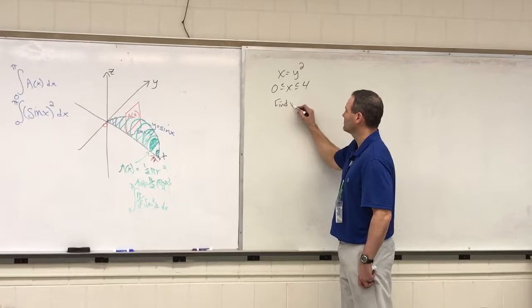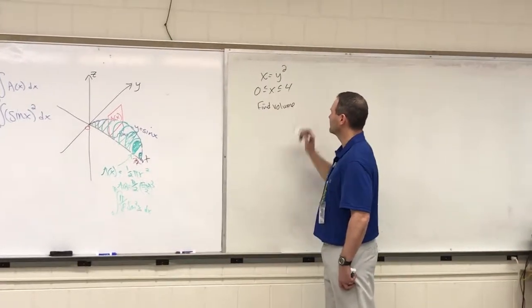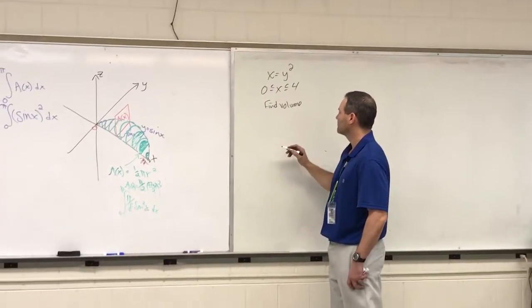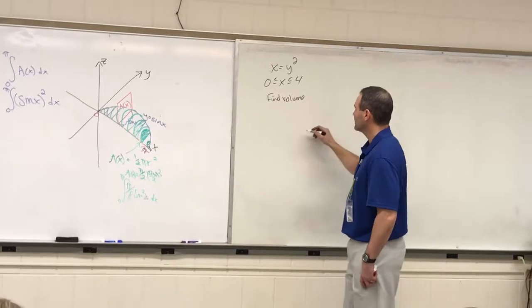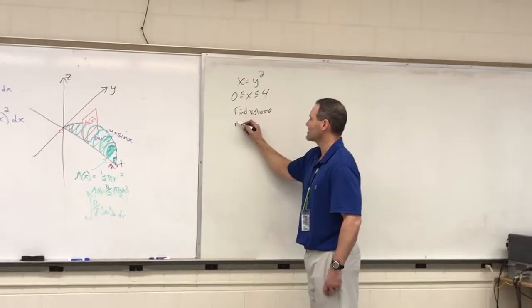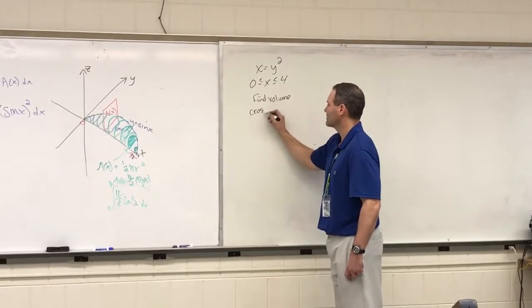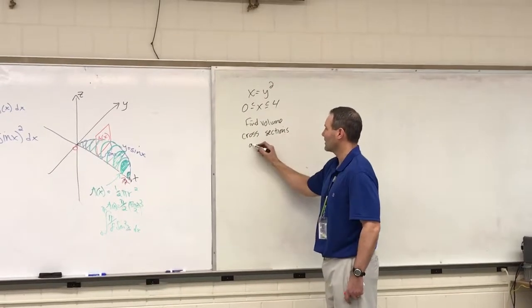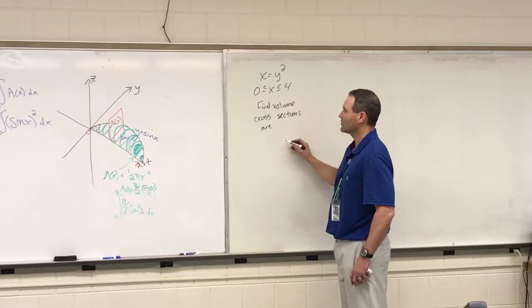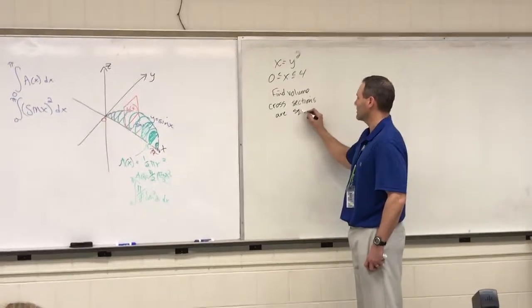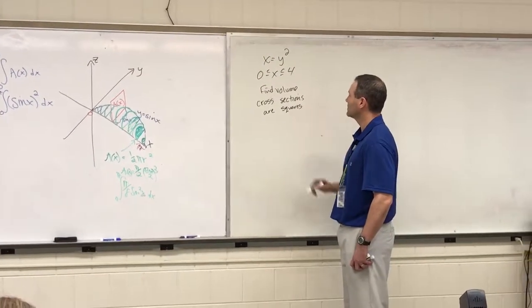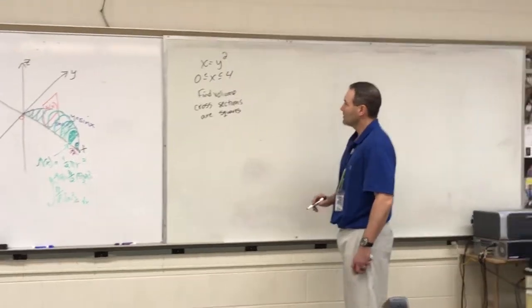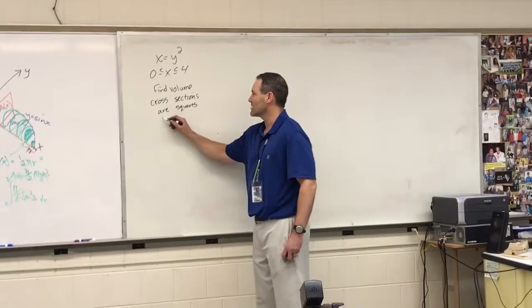It's a sideways parabola, right? Whose cross sections are squares, we'll say squares to begin with, but then I'm gonna make it more difficult. Okay, so the squares whose base are in the xy plane.